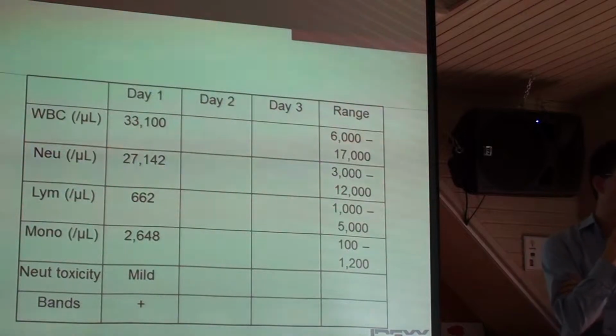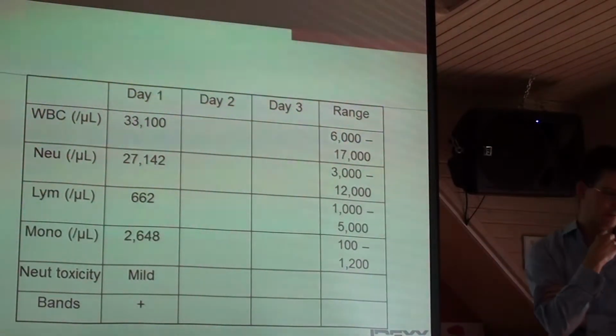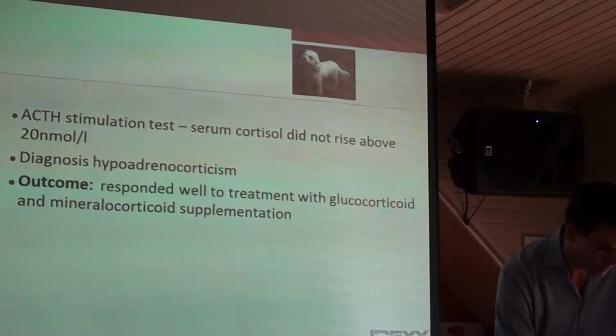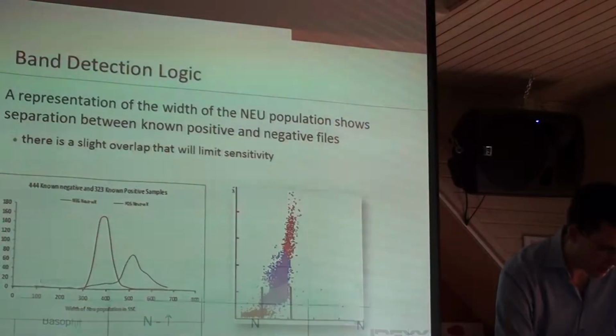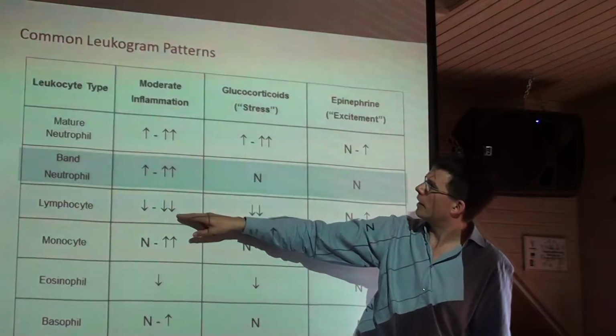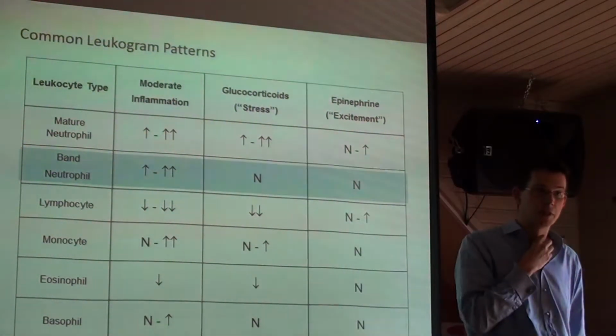So why do you think the lymphocyte concentration might be low in this patient? So if we look back at our patterns for leukograms, we expect in either inflammation or with glucocorticoids the concentration to be low.